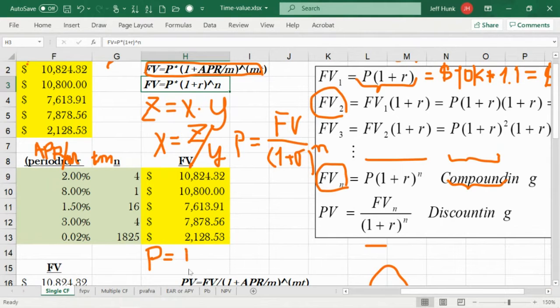In this case, P is called present value, right?